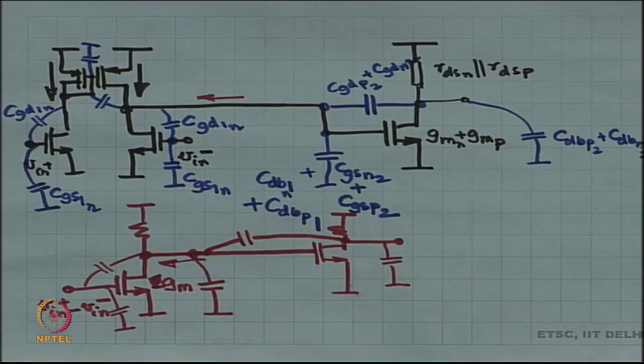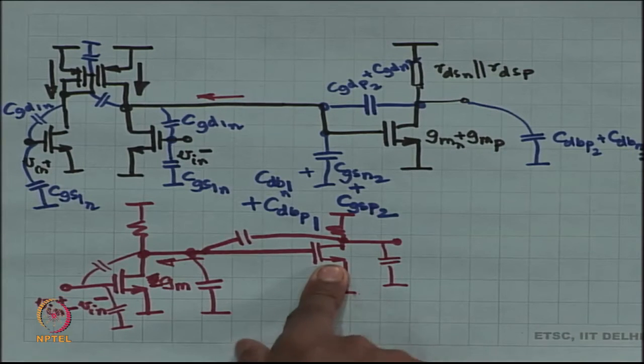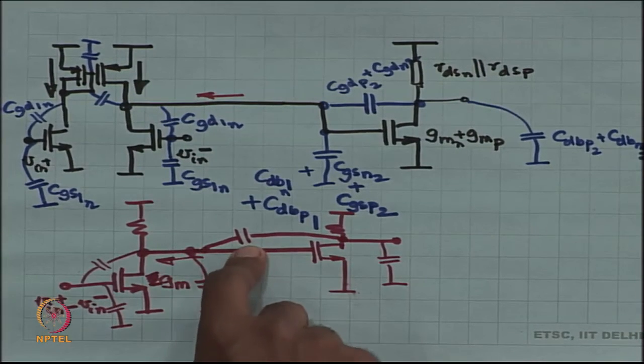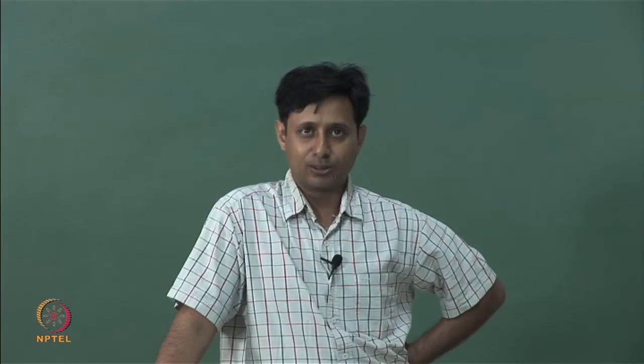If you do not remember, we will work it out again, how to quickly estimate the right half plane zero. There is a nice shortcut method, but in any case, if you remember, it is GM of the second stage divided by this capacitance. Now, this capacitance has become large and therefore, this particular frequency has become a reasonably small frequency, small enough to start competing with the two poles.